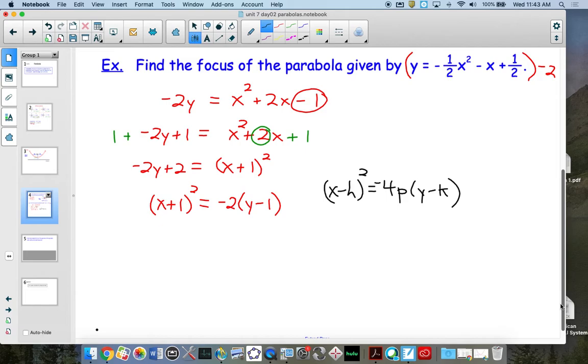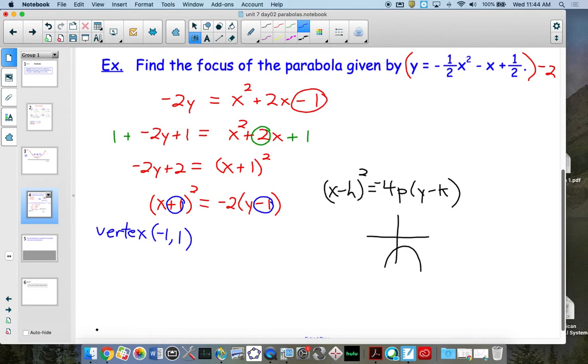Okay. So I know that this is going to be looking something like this, wherever the vertex is. Alright, so let's identify our vertex. It is (-1, 1), looking at these.